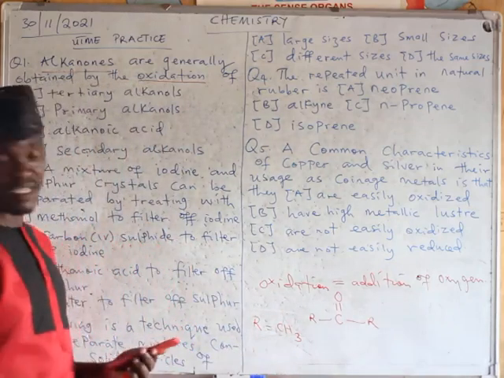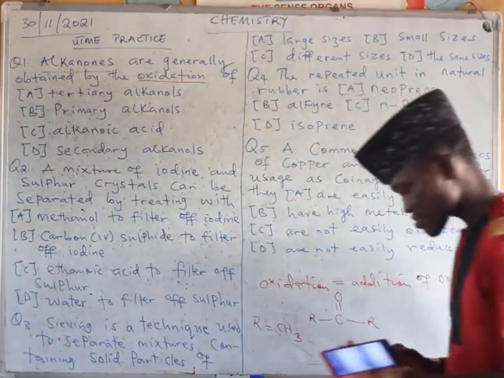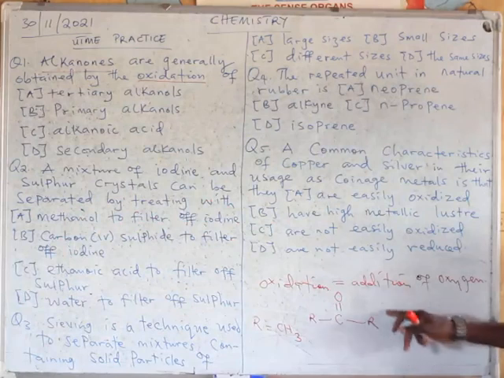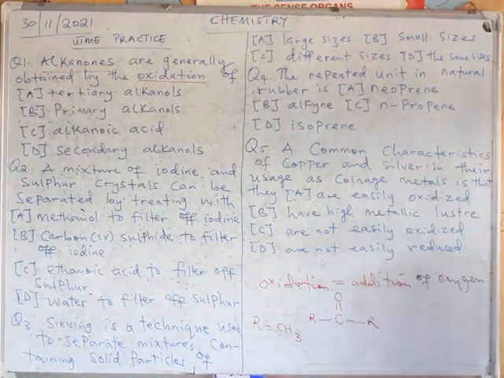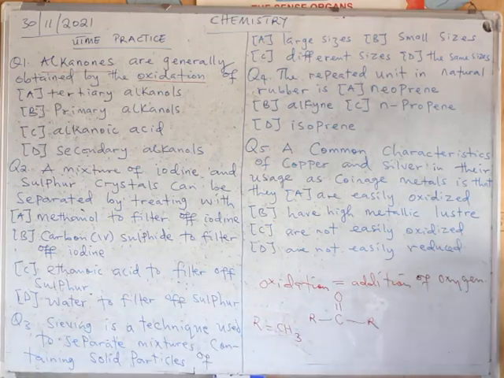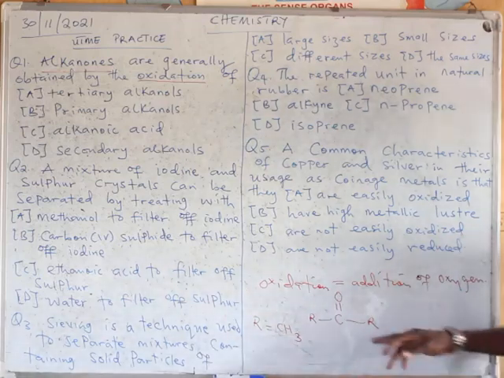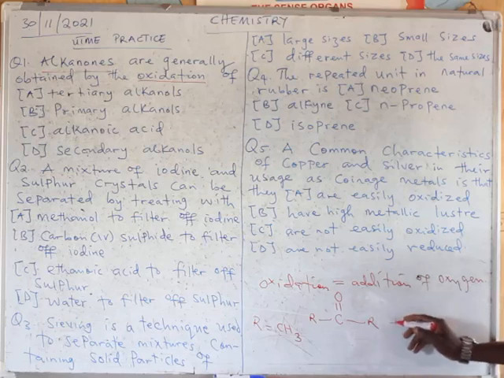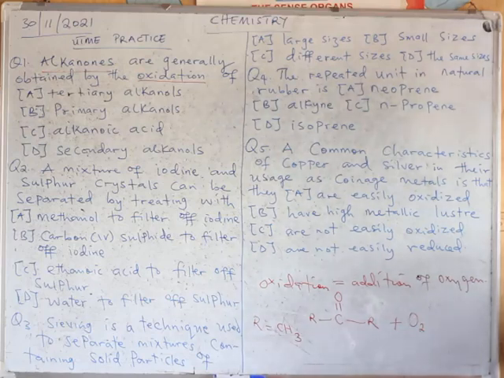So this is the functional group for alkanones, which are known as ketone. Are we clear? So another name for alkanone is ketone. Now, if you add oxygen to this, what will happen? That is the question. What are we going to get?